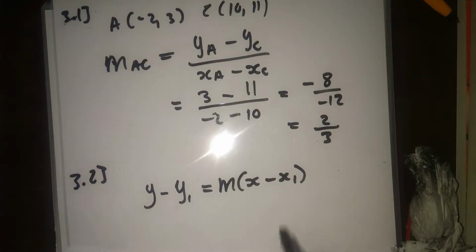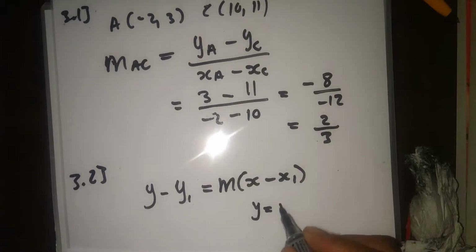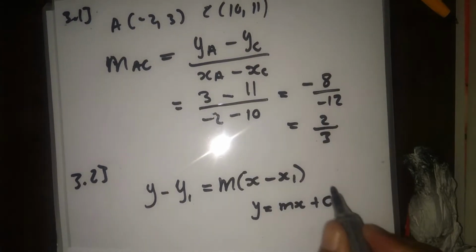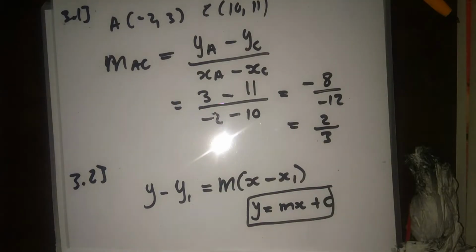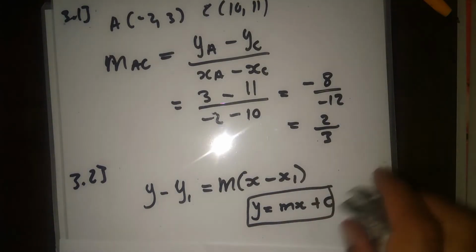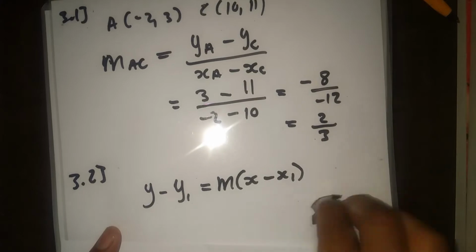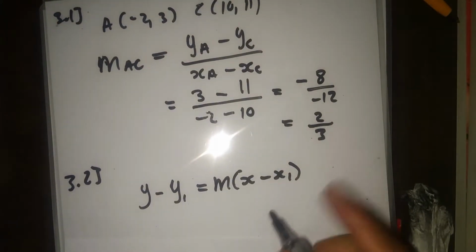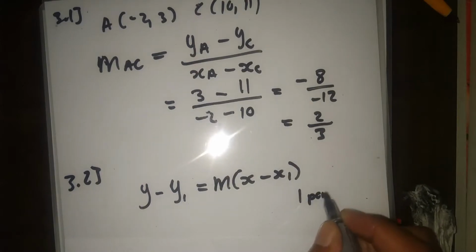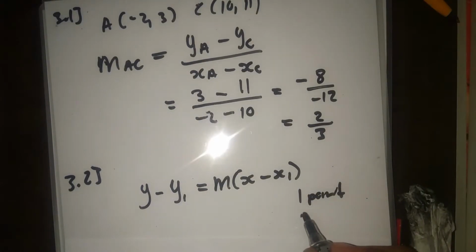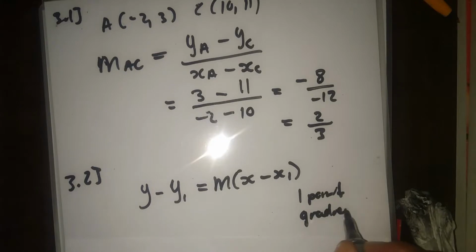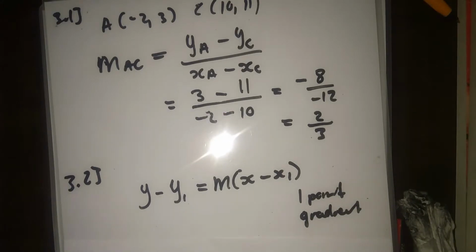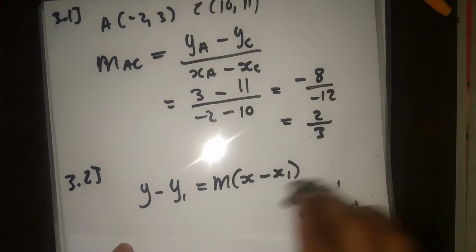You can also use y equals mx plus c to find the equation, but the first one is much more simple. You need at least 1 point and a gradient. This is all you need if you want to find the equation of a line.